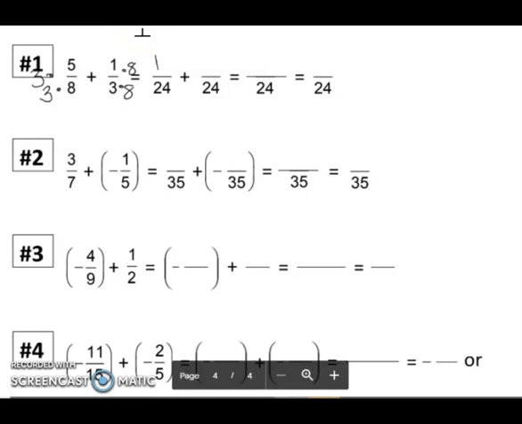So this would be 15/24 and 8/24. 15 plus 8 is 23 over 24. That does not reduce, so that is my answer.